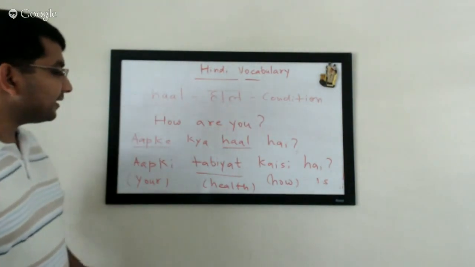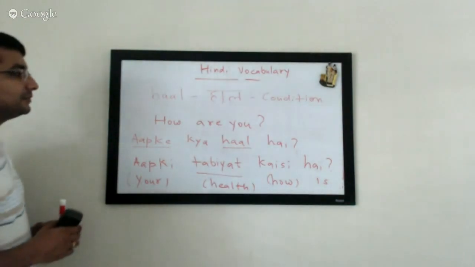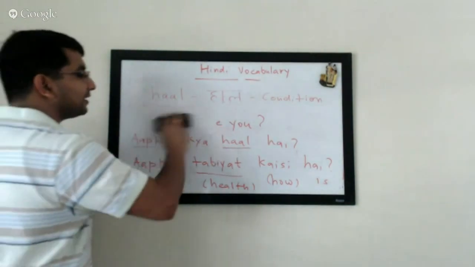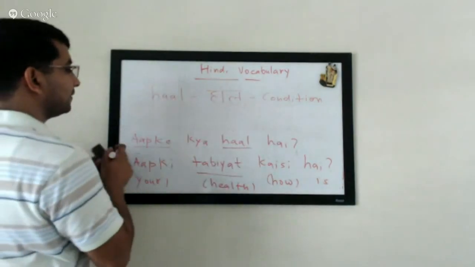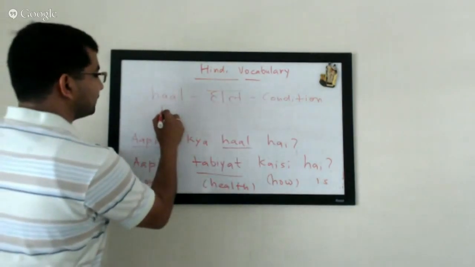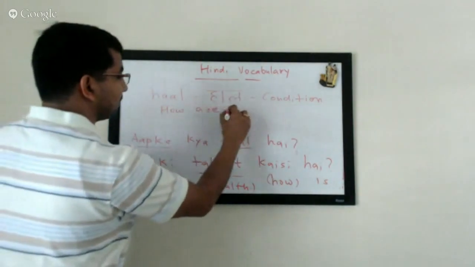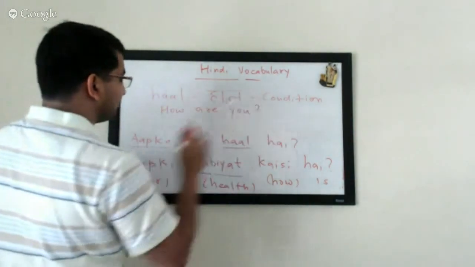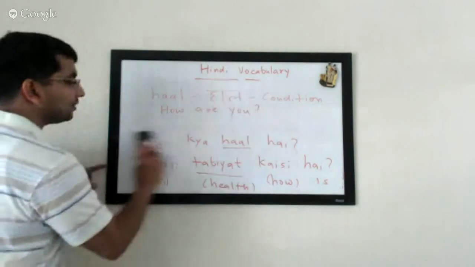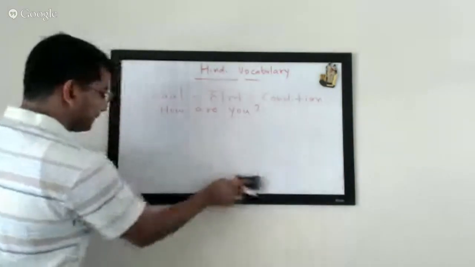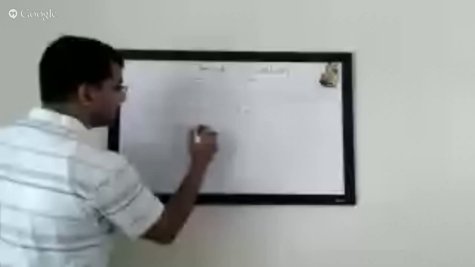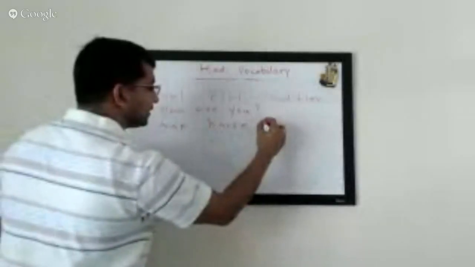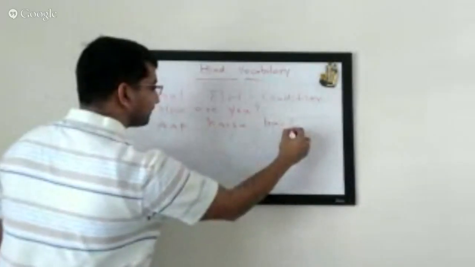So I'll write down all of them. Three ways of saying how are you. First one is आप कैसे हैं.